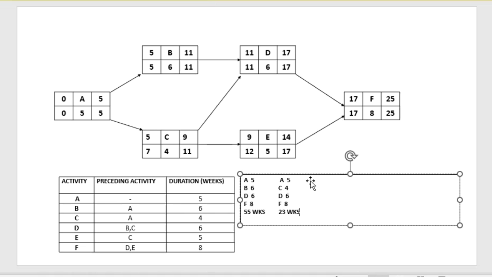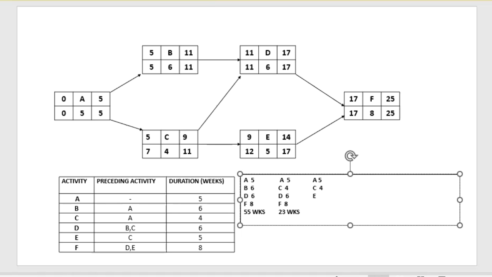Let's look at the other path now, which is ACEF. So A, 5 weeks. C, 4 weeks, right? That's how long it takes.